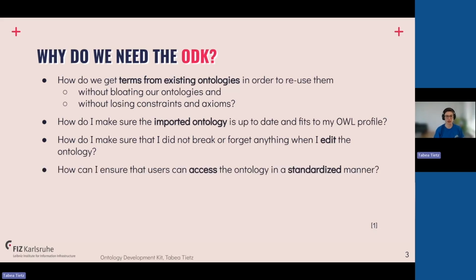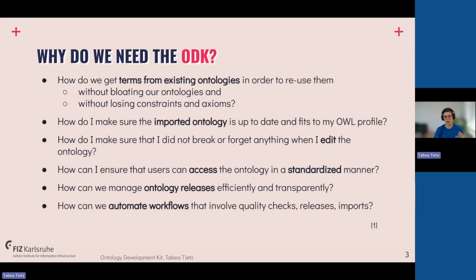And how can we ensure that users can also access the ontology in a standardized manner, in a way that you can come to my Git repository and immediately know your way around? How can we also manage ontology releases, and how can we automate workflows that deal with quality checking, releases, and imports? How can we create a smooth editing process, in summary, also with multiple developers at once?